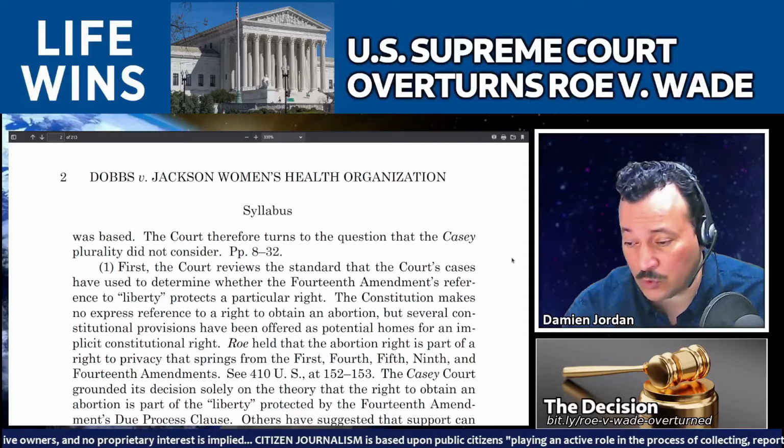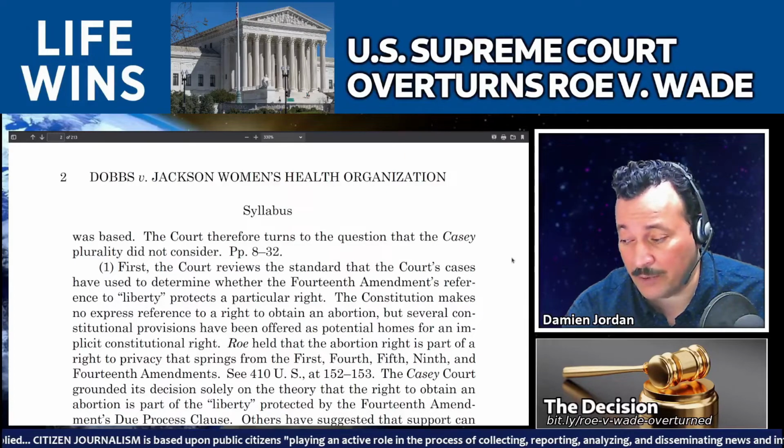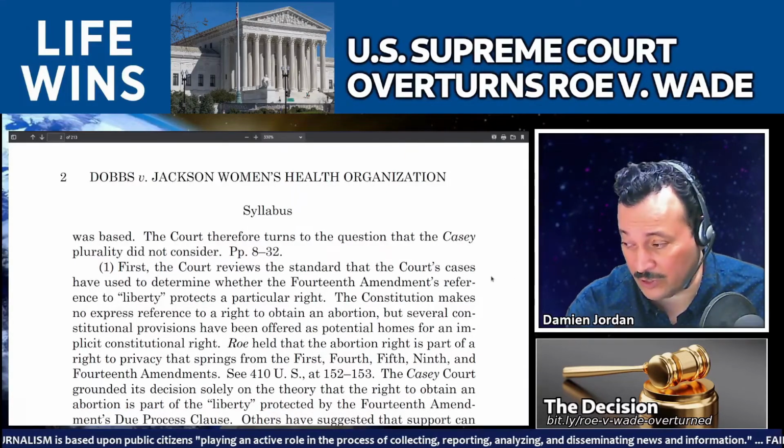The Casey court grounded its decision solely on the theory that the right to obtain an abortion is part of the, quote, liberty protected by the 14th Amendment's Due Process Clause.